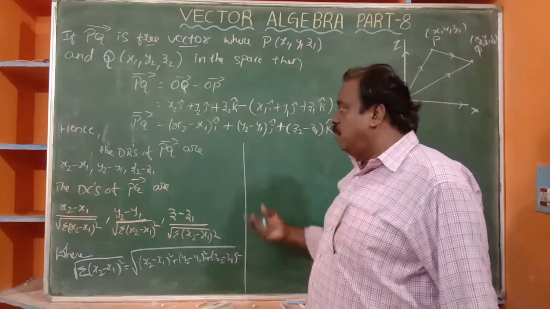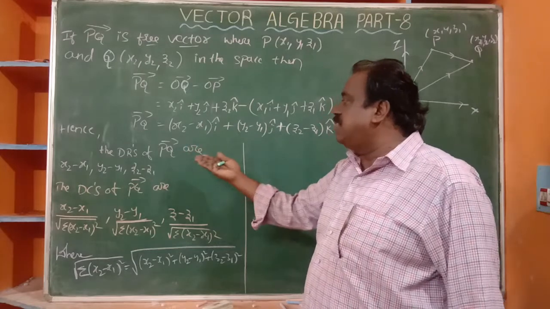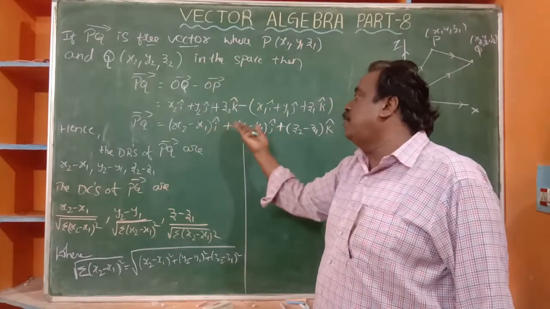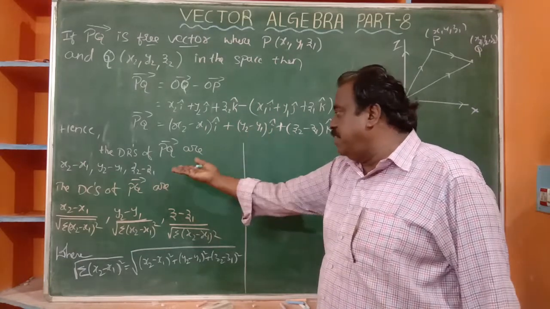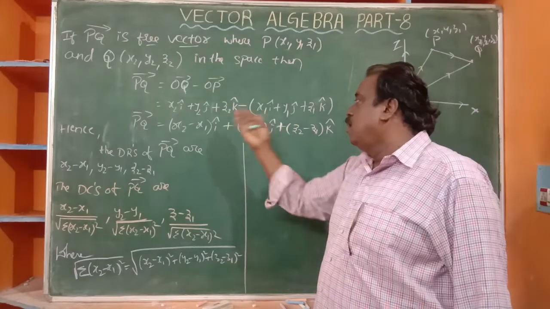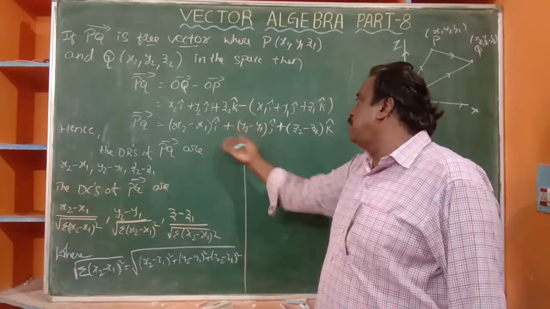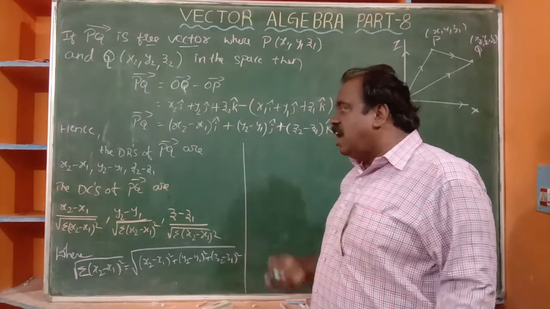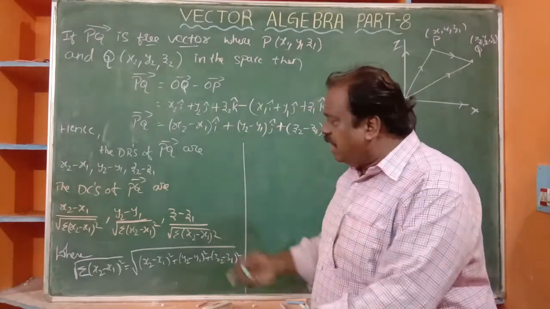Now, as usual, what are the DRs? What are the components? The scalar components are x2 minus x1, y2 minus y1, z2 minus z1. These are the numbers, coefficients, multiples of i, j, k. So those are the DRs. And what are the DCs?